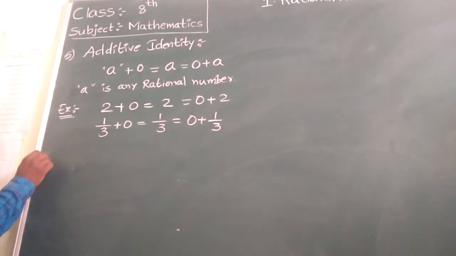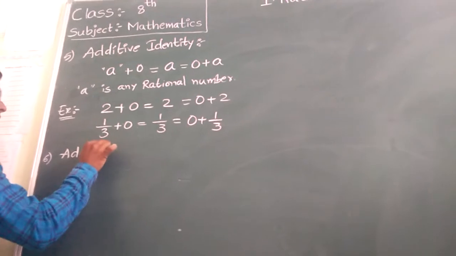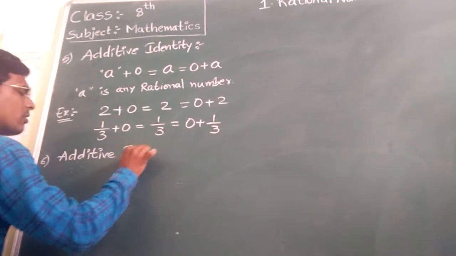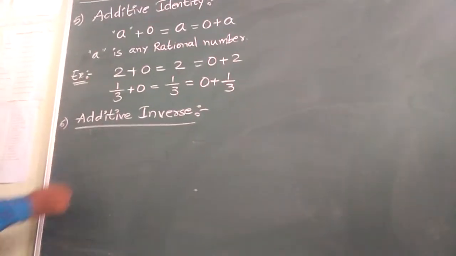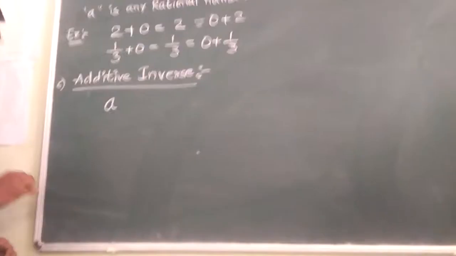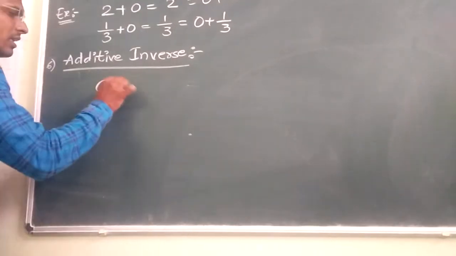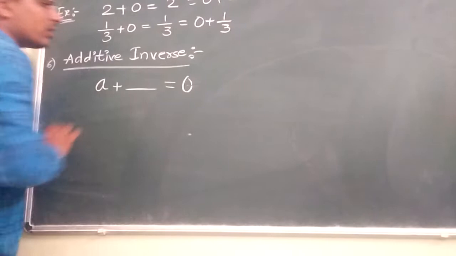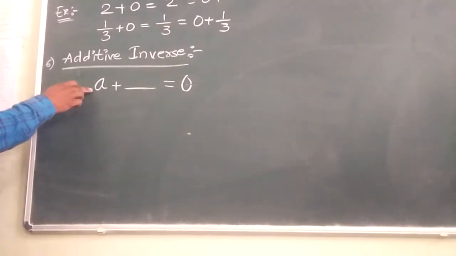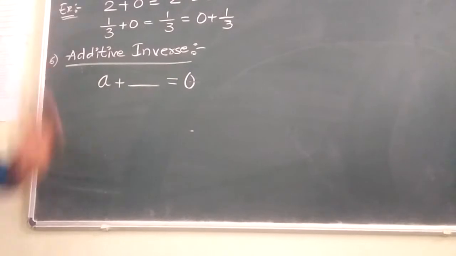Next one, additive inverse. So additive inverse means, if you take any number a, for example I am taking a rational number a, for this number what can you add to get the sum as 0? For this rational number we have to add one more number to get the result as 0.